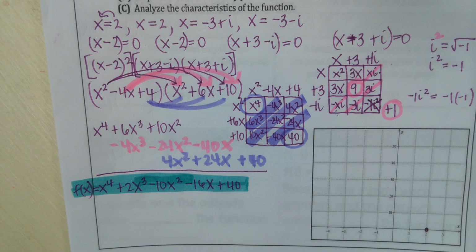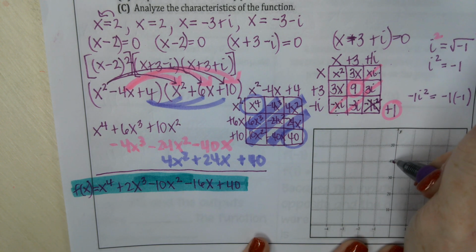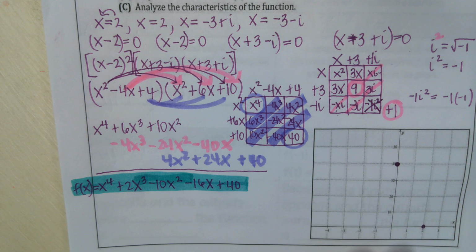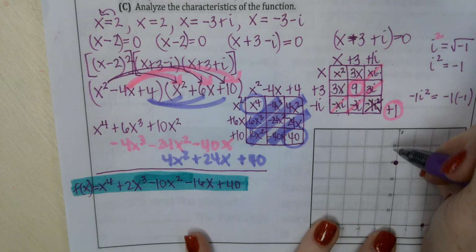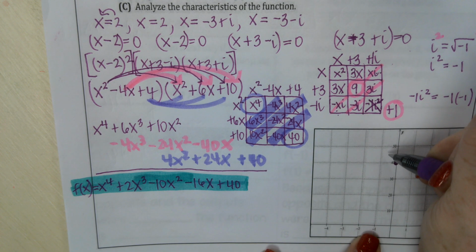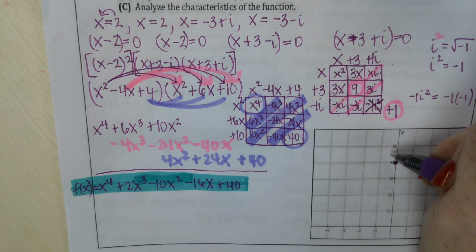Okay, so I want to come up here now, and I'm just trying to get some reference points. I want to see where this graph hits the y-axis. It hits at 40. So I'm plotting a point right there. I'm going to come up to this maximum, and I know that it's not going to be perfect, y'all. It is a sketch, but this happens at almost -1, almost 46.